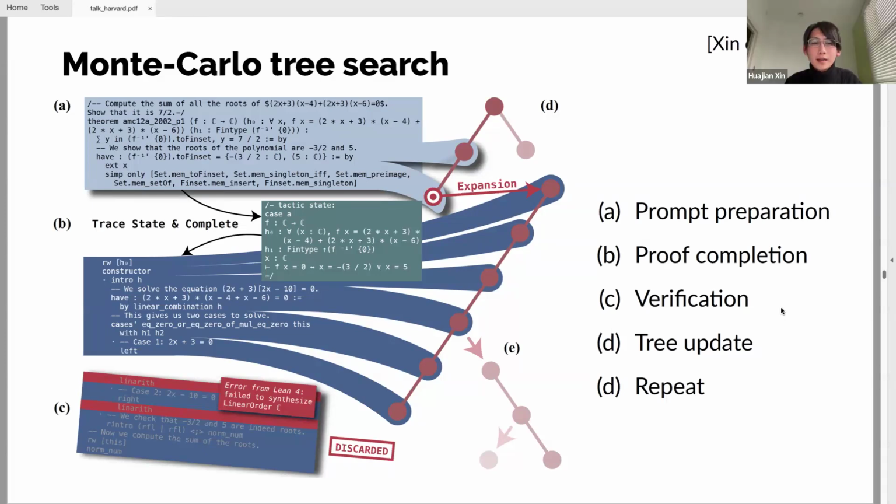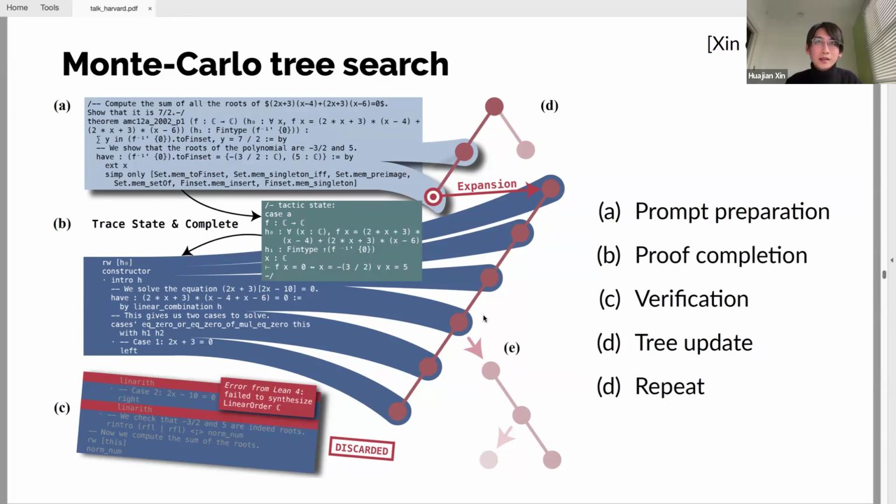Yes, you can understand it as: every time, instead of generating the next single tactic, we generate the next sequence or chain of tactics. When generating, we use it as a whole, so-called whole proof generation. It is a multi-step prediction.